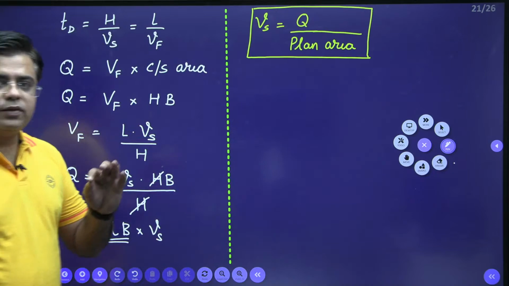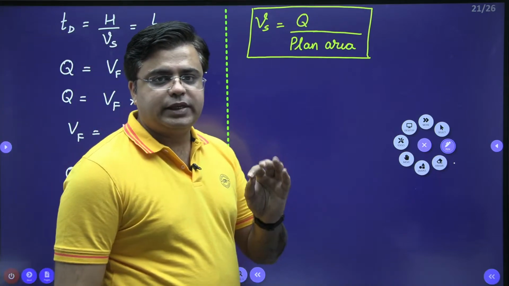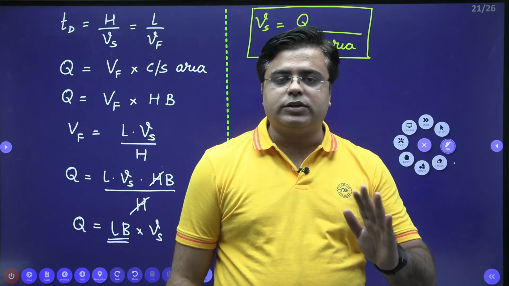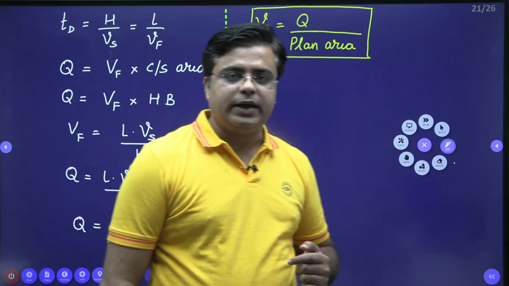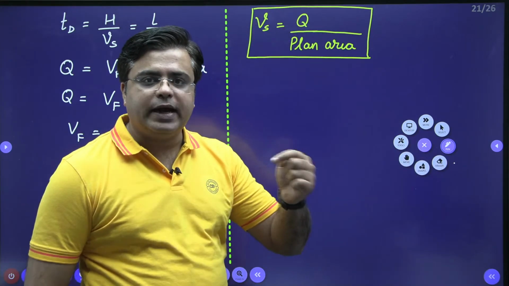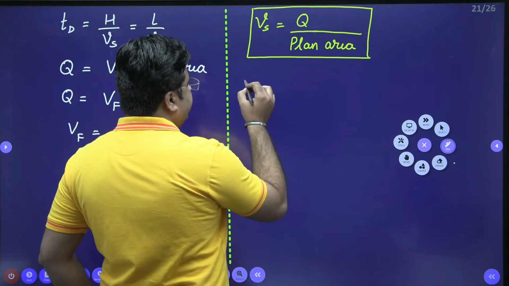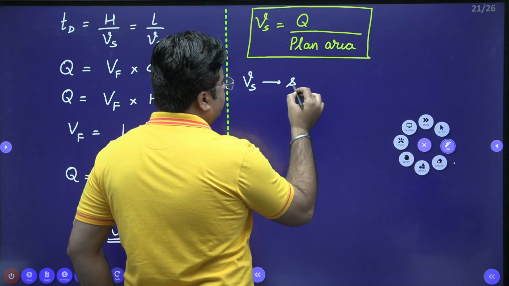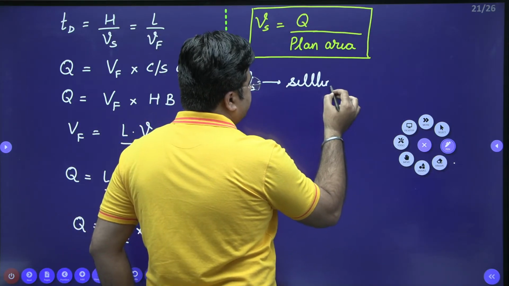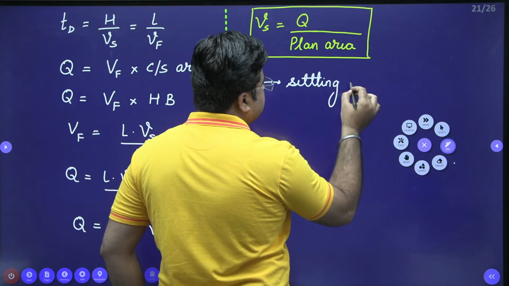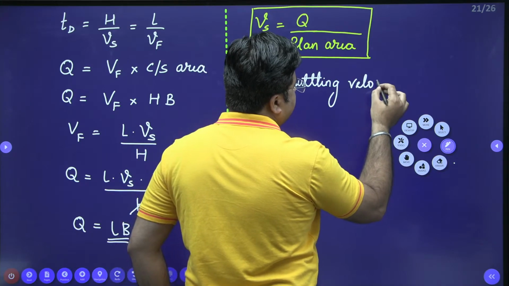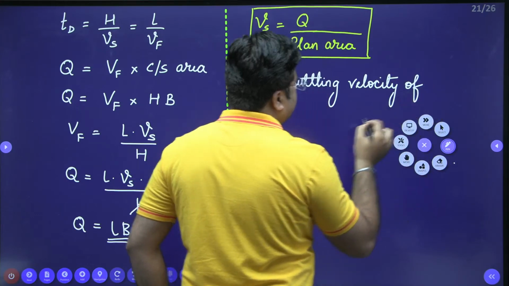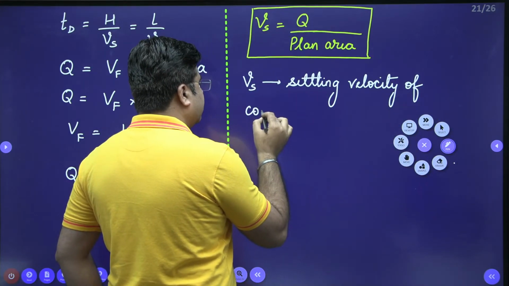Now observe this very carefully what I am saying. Vs is the settling velocity of the concerned size of the particle for which we have designed the tank.